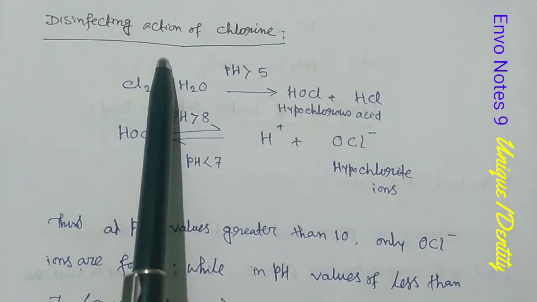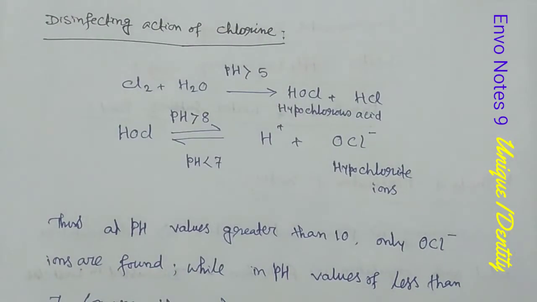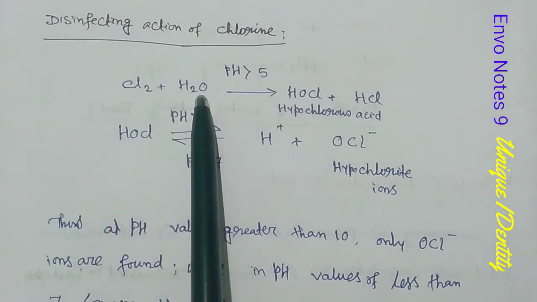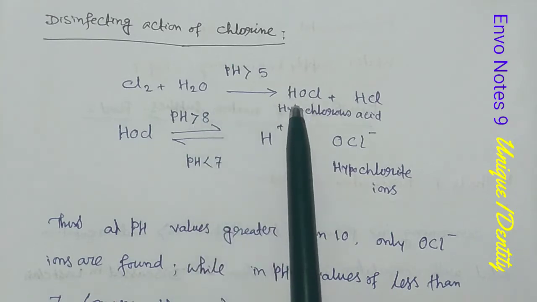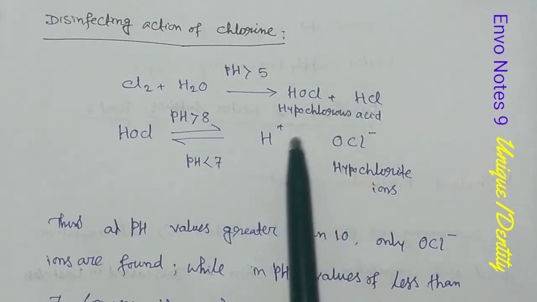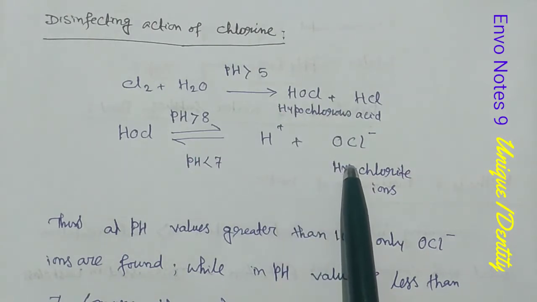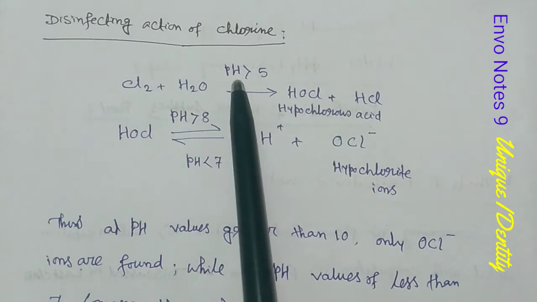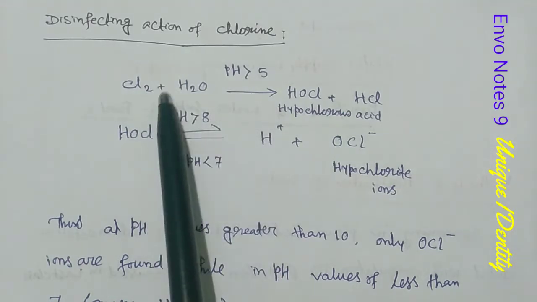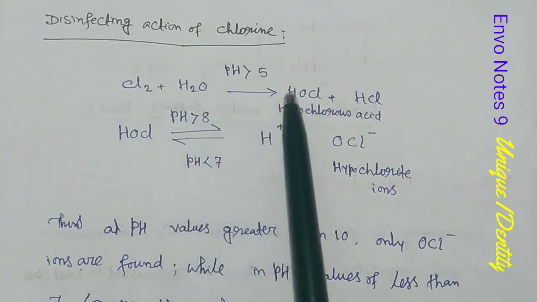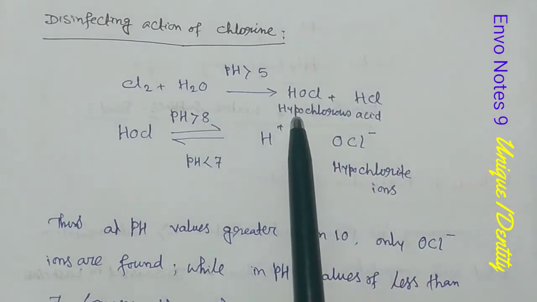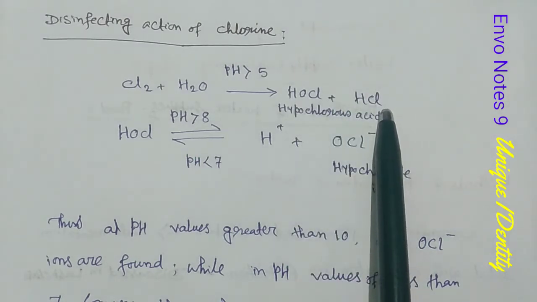Now see the disinfecting action of chlorine. When chlorine is added to water, it forms hypochlorous acid and hypochlorite ion. First, when pH is greater than 5, Cl2 plus H2O gives HOCl plus HCl, that means hypochlorous acid plus hydrochloric acid.